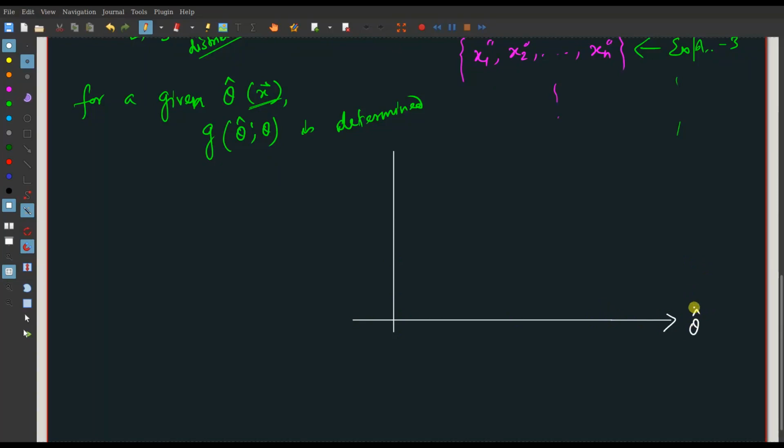So in this axis you have theta hat, and in the y-axis you have g of theta hat given theta. Suppose this is my g1 of theta hat given theta.